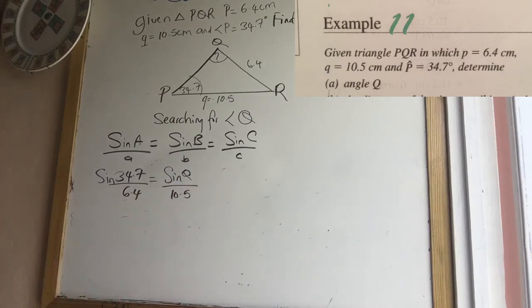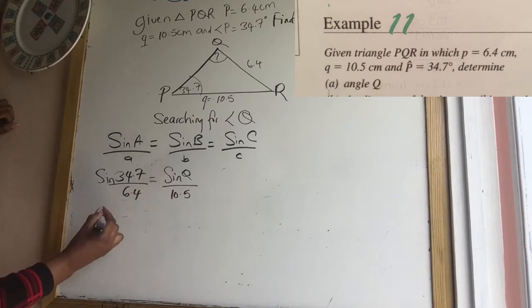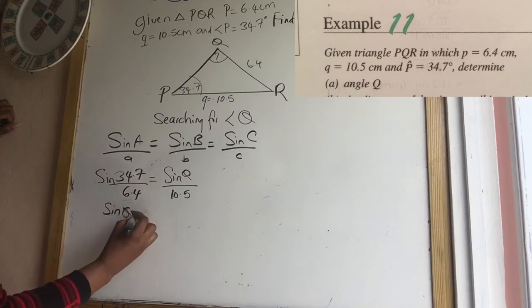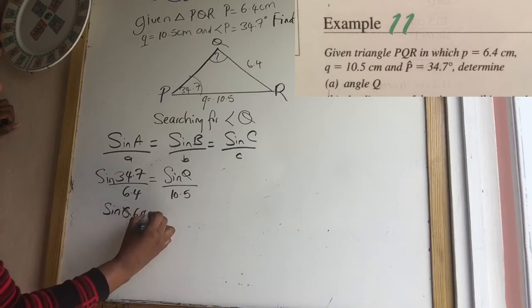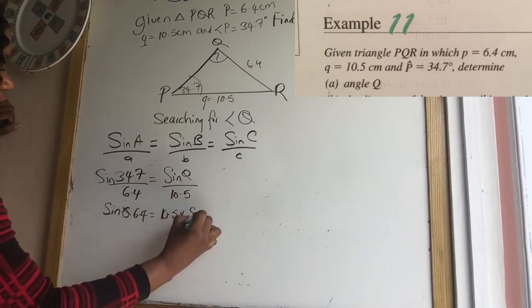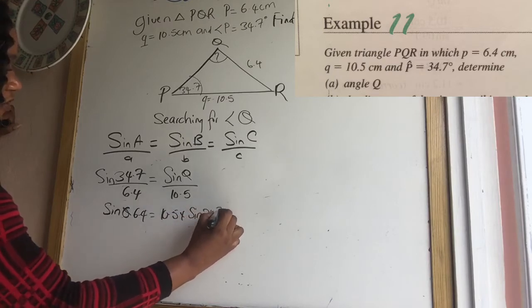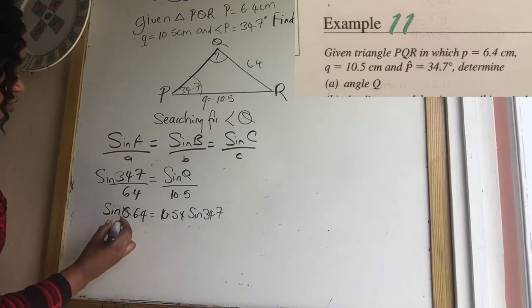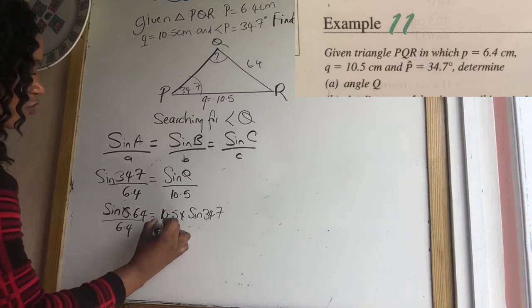Now the next thing we're going to do is cross multiply. So when I cross multiply, I now have sine Q multiplied by 6.4 is equal to 10.5 times sine 34.7. Right away, we know that we want to get rid of whatever is beside sine Q, so we're going to divide both sides by 6.4.